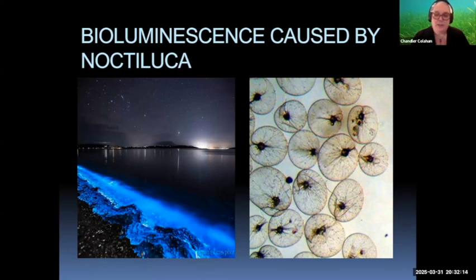And if you've ever been to the beach around here at night in the summer and you've waved your hand through the water and you see little sparkles, that's the bioluminescence. I have to say the picture on the left is not what it typically looks like. That is a time-extended, time-lapse photo to get that nice glowing effect, but it can be quite beautiful.